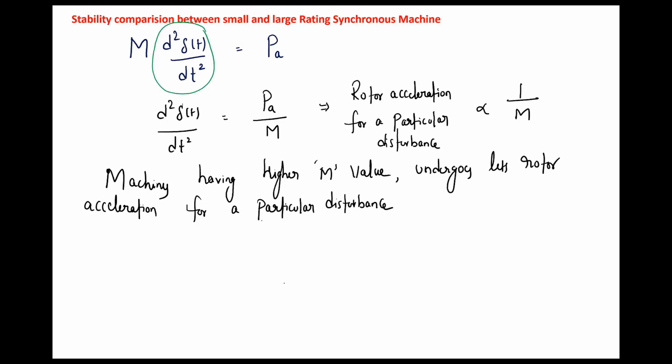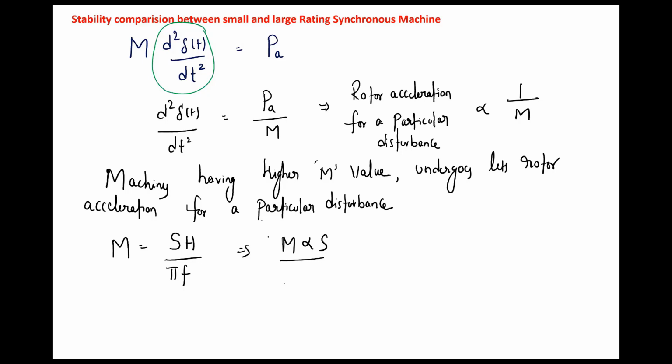Again, we also know, as we saw the other day, M is equal to SH by πf. So the M value is directly proportional to S, the rating of the machine. The machines which are having a larger MVA rating have more angular momentum or inertia constant when compared to machines that are having smaller MVA ratings.